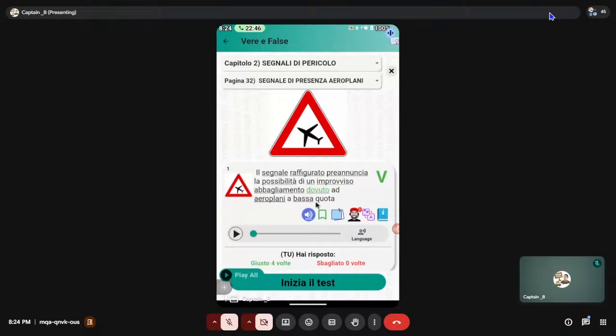Right? So if you are driving on the road and you see this sign, it's not saying that this is an airport that you will just get to. No. It's not saying that in 150 meters you get to the airport. It's only saying that in this area that you are circulating, sometimes aeroplanes do come a little bit down. So hold your steering very well because of the wave and the noise. You understand?